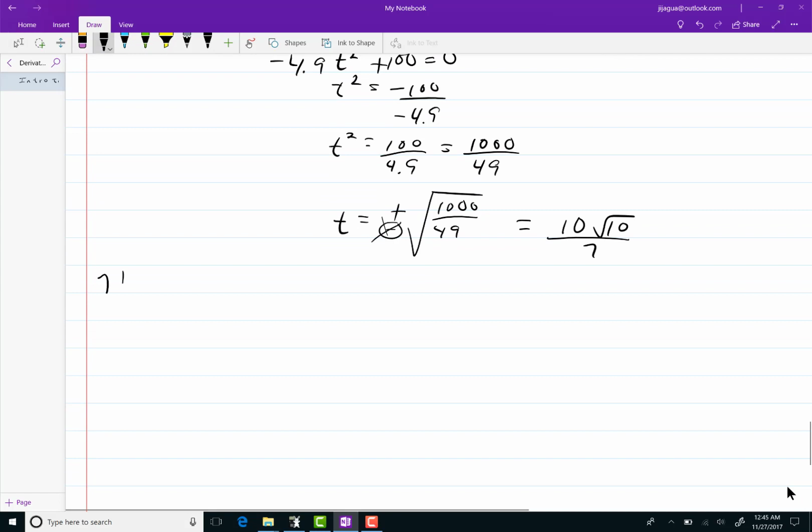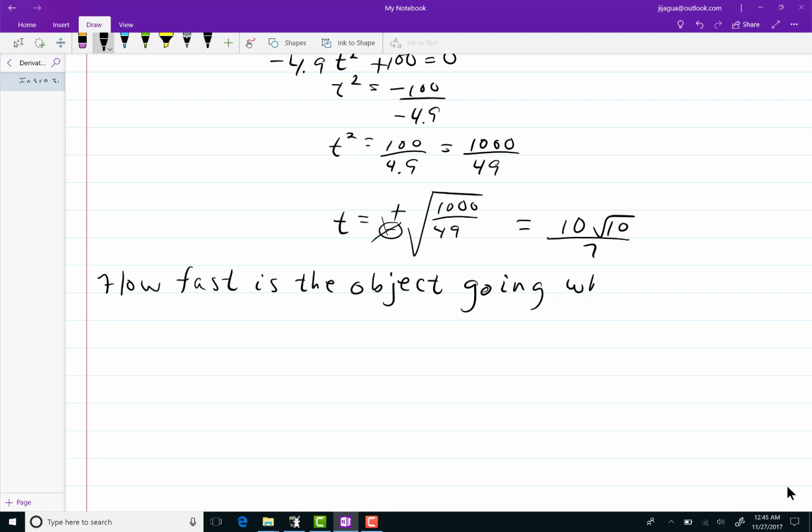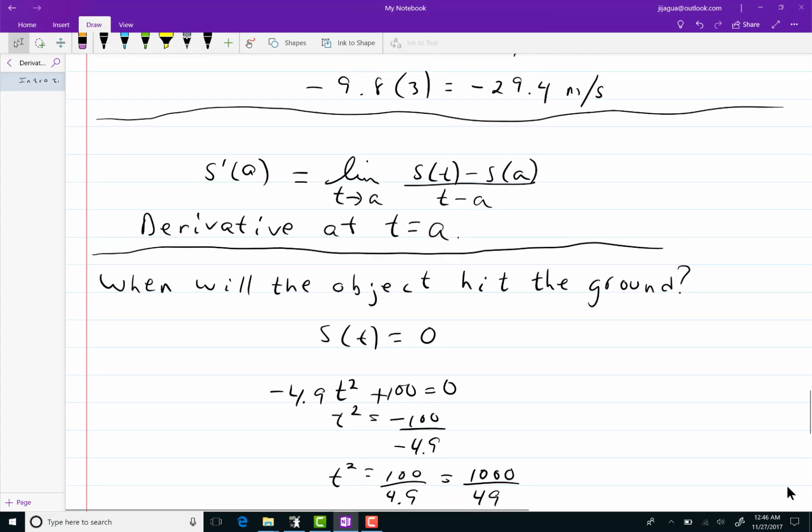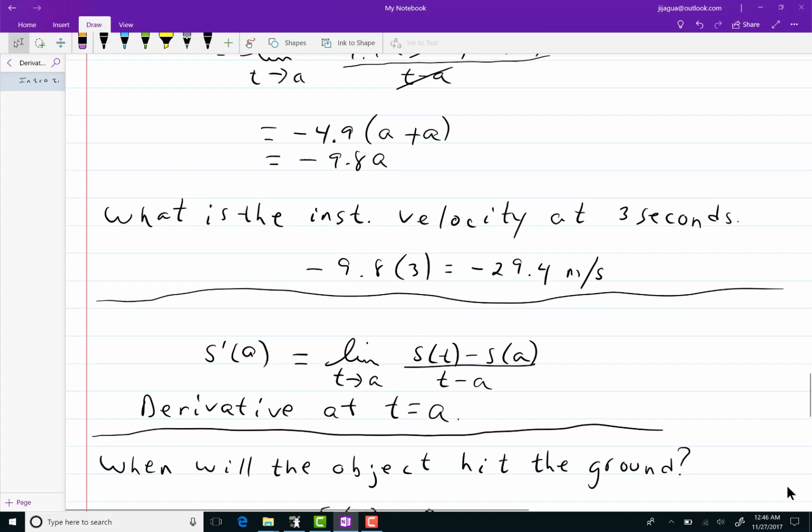How fast is the object going when it hits the ground? Let's check my formula out. This right here is my formula.